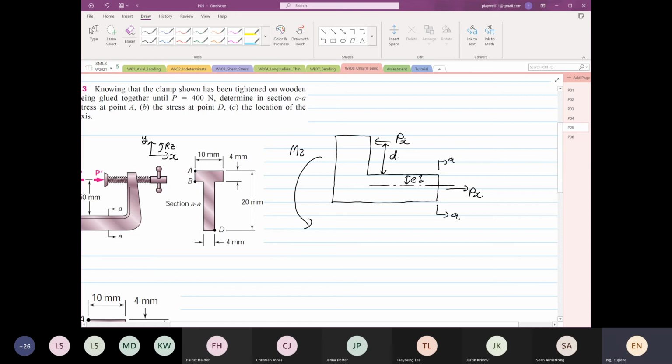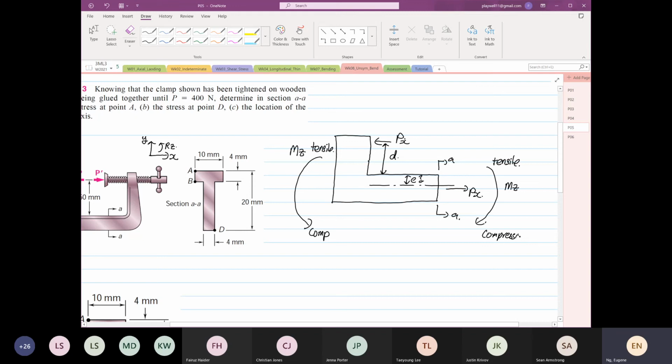So this is moment about Z. So this is compression. This is tensile. Over here, our counter moment, Newton's third law, this is moment about Z. So on top is still our tensile and compression.